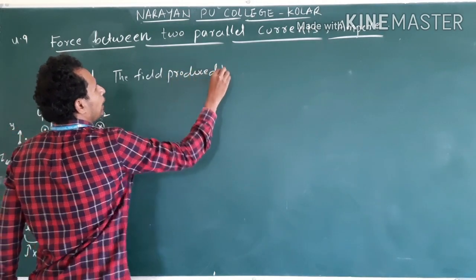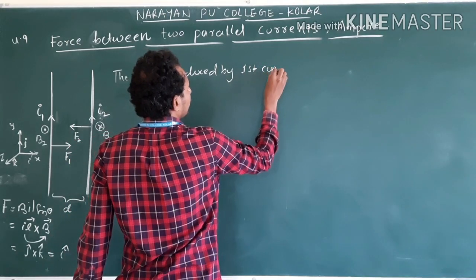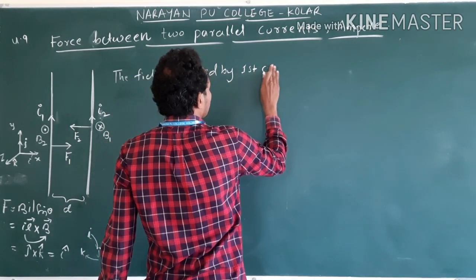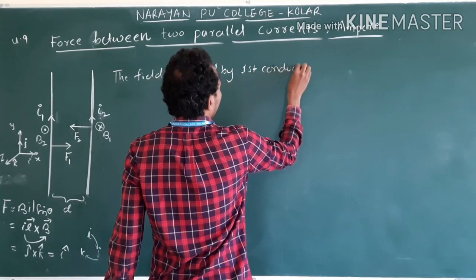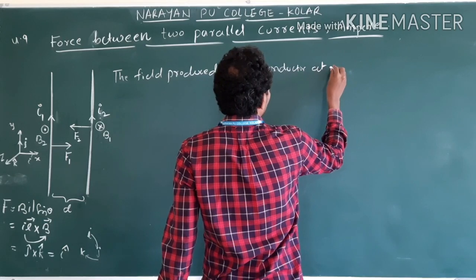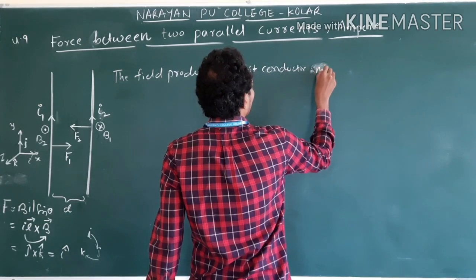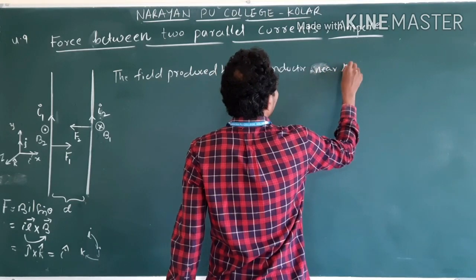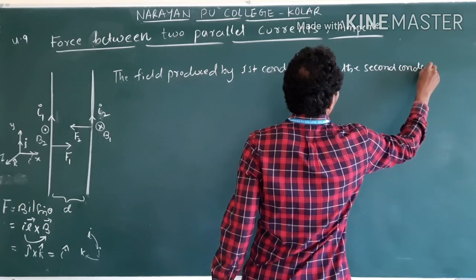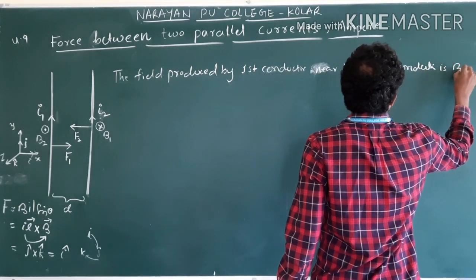Field produced by first conductor at the second conductor is B1.